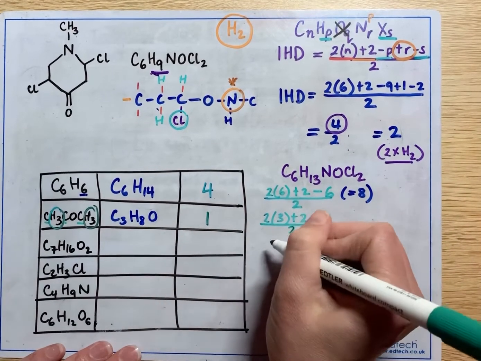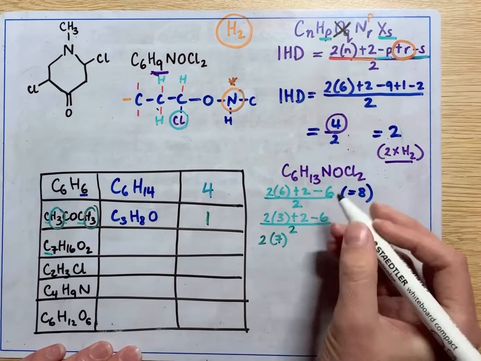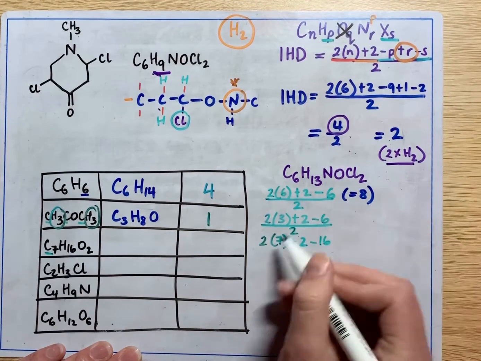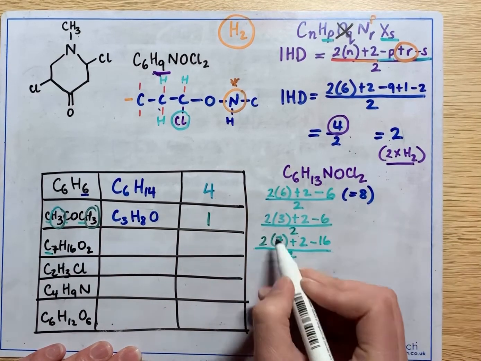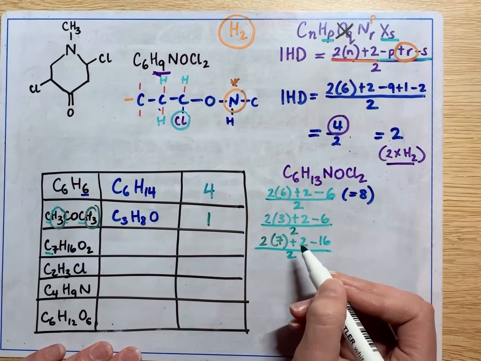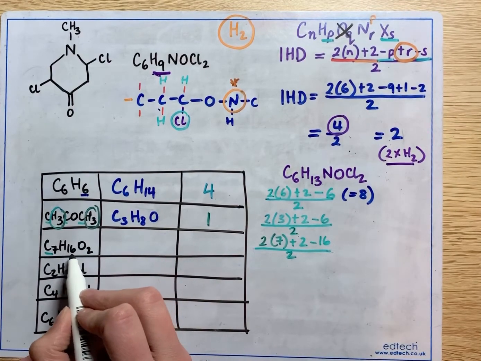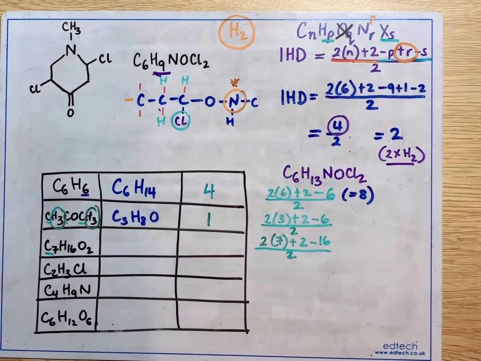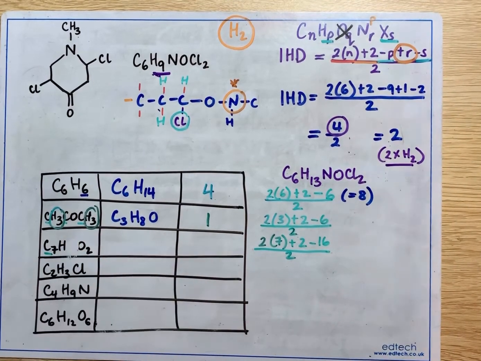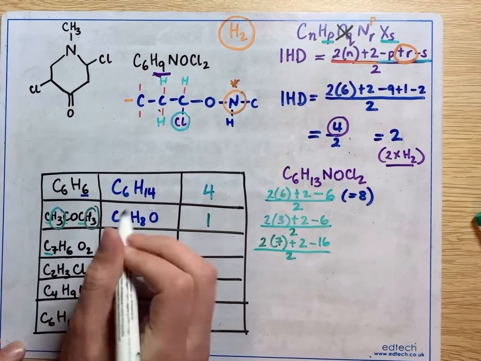Next one, 2 lots of 7 carbon plus 2 minus our 16 hydrogens over 2. We have 14 and 2 is 16. Oh, have I missed one there? Sorry. Oh, I have. I just realised I've written down that question incorrectly. I thought that seems really large. My apologies, that's my mistake.